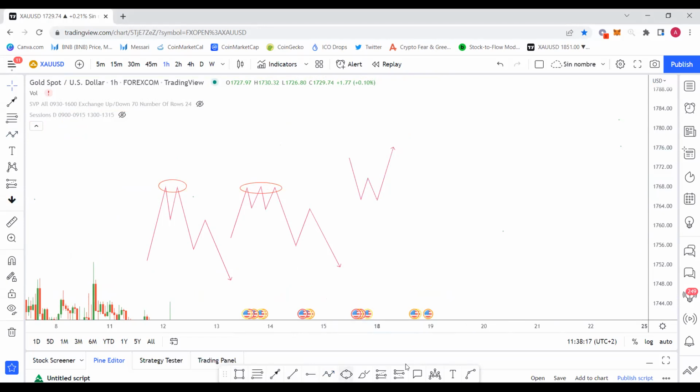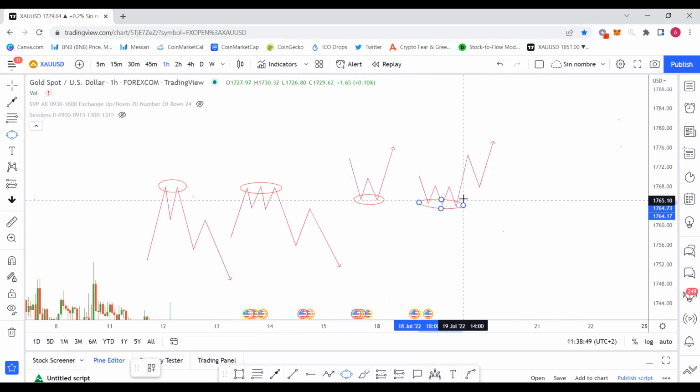So essentially this is a double floor, and this a triple. Sorry guys, I just got mixed up.